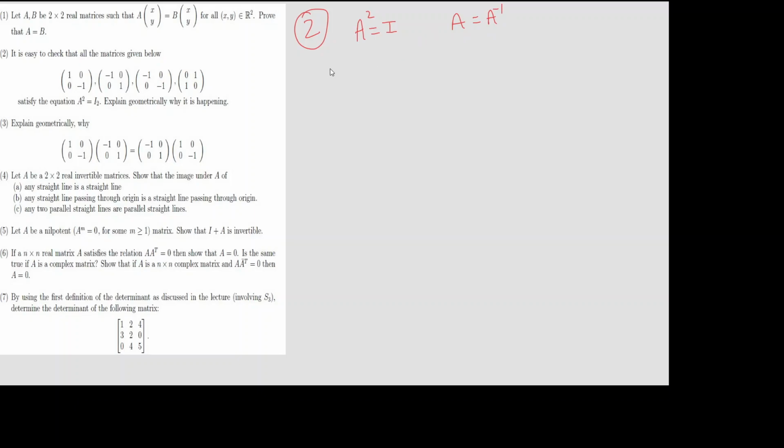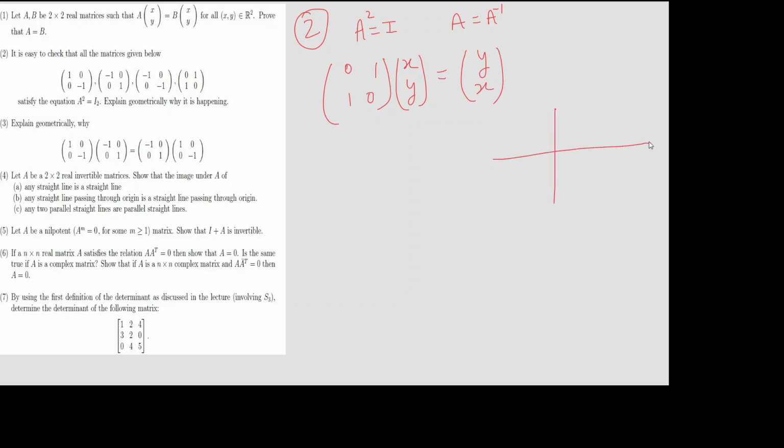So let us consider one of the matrices, let's say [0 1; 1 0]. If we take, suppose, (x, y), then this transformation will give (y, x).